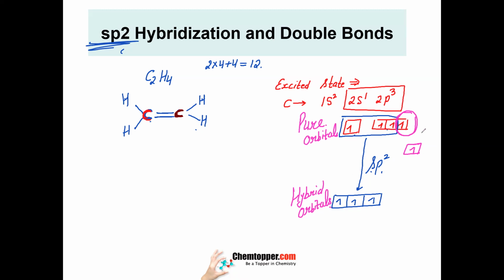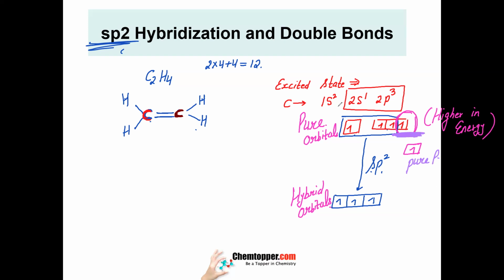Pure orbitals are higher in energy. This one is a pure p orbital. It didn't participate in hybridization and it's left as such.